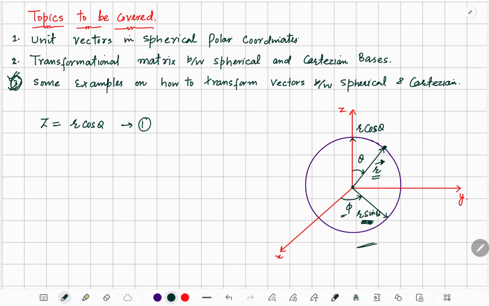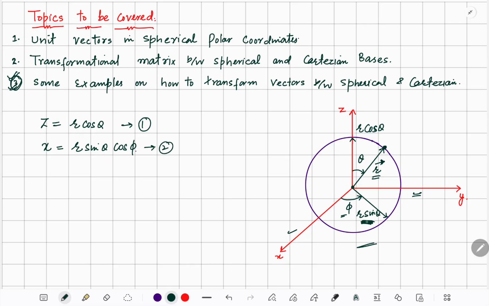Now, r sine theta is a vector, and it has projections on the x-axis and the y-axis. Its projection on the x-axis is r sine theta cos phi. This is something basic, 10th grade physics. So x is r sine theta cos phi. This is the second equation.